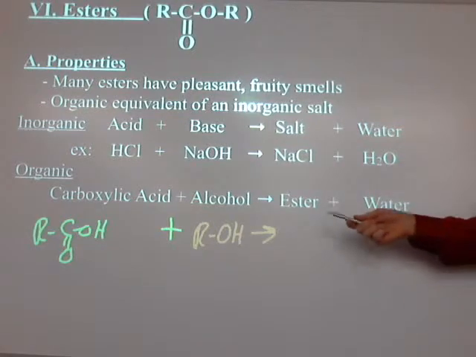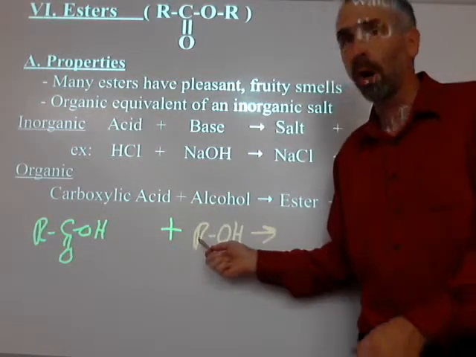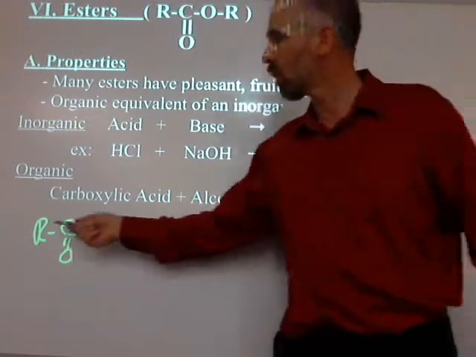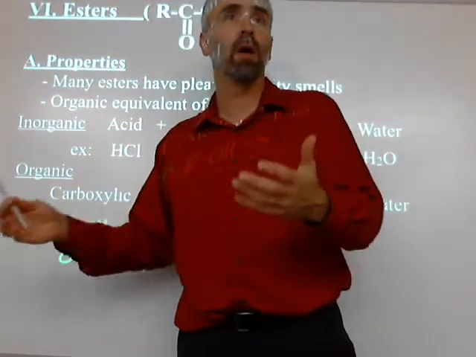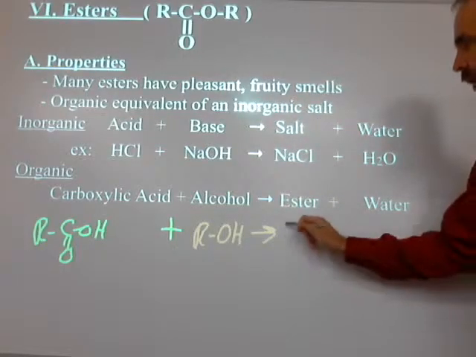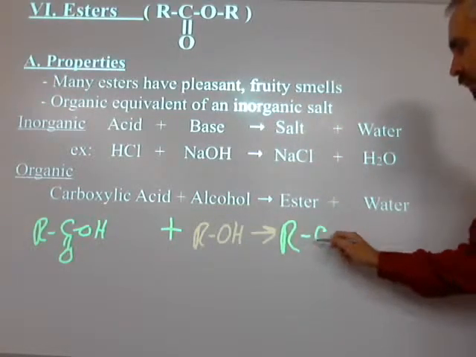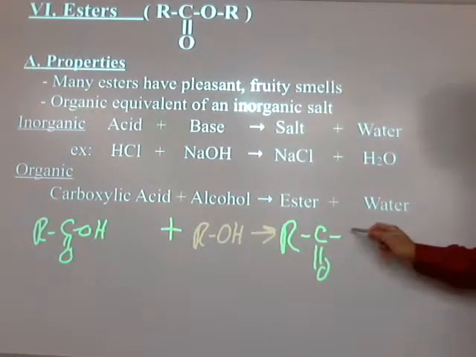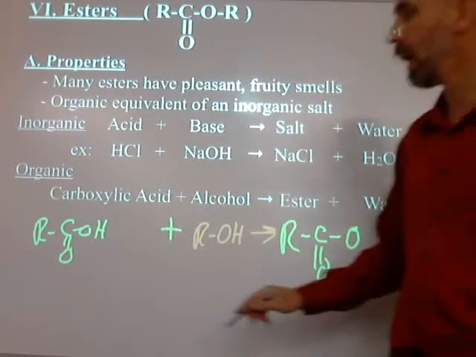This is different. I'm actually going to link together this carbon, which could be 1, 2, 3, 4, 10, 12, 15 long, and this carbon, which could be 1, 2, 3, 4, 10, 12, 15 long. And I'm going to link them together this way, through this little ester linkage.